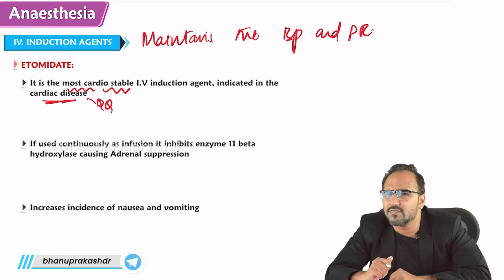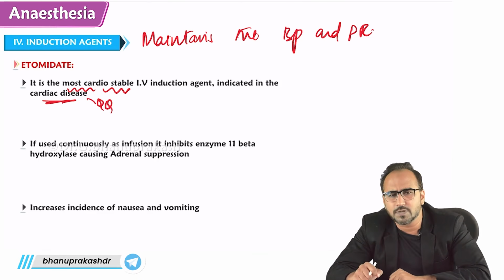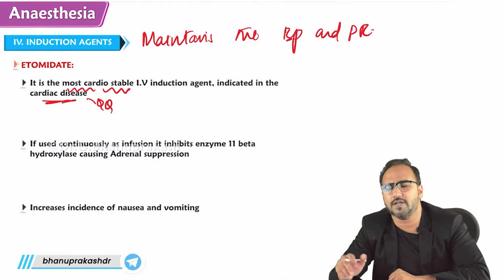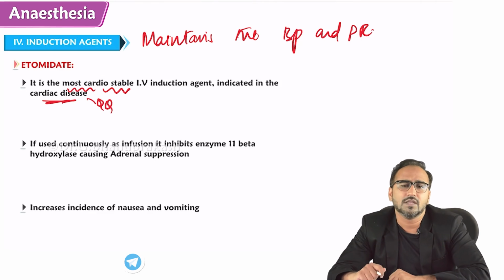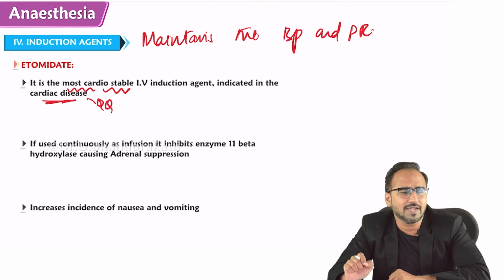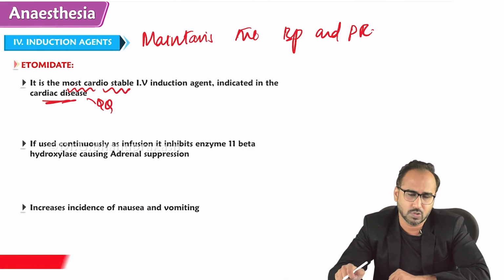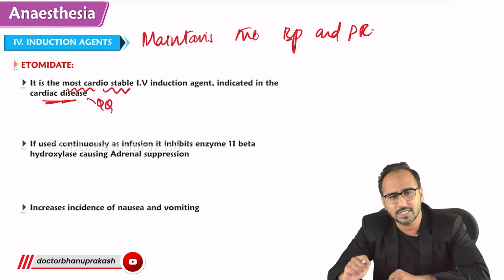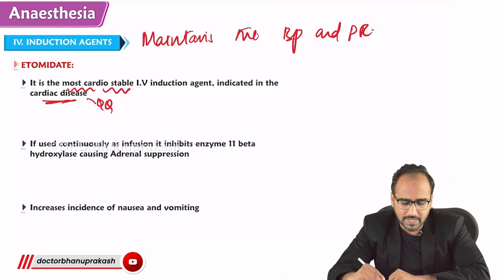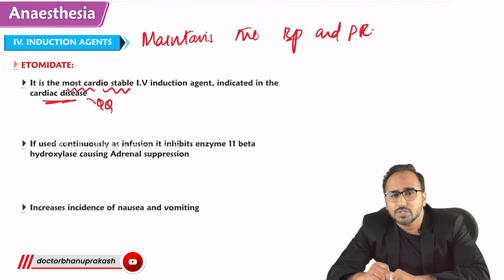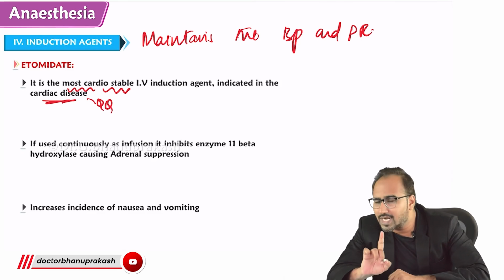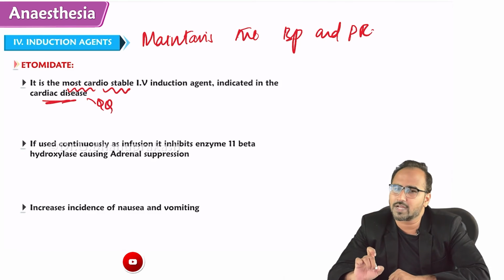But is it a new thing for us? Propofol is also painful, thiopentone is also painful, Etomidate is also painful. The only painless IV induction agent was ketamine. So what we need to remember is that Etomidate is the most cardio-stable IV induction agent, which is its one good point, indicated for cardiac disease.